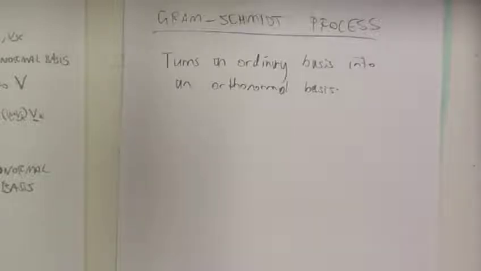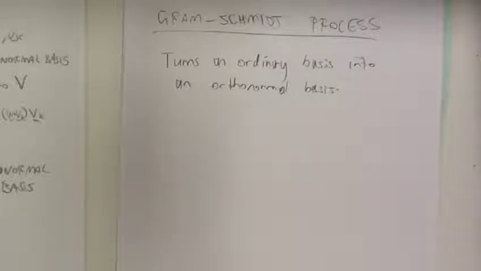So really what you're doing when you do the Gram-Schmidt process is going through a list of different bases. You have your original basis, then you have another basis which has one vector changed, and another basis which has two vectors changed, and another which has three vectors changed, and you're progressively changing your basis one vector at a time. Yes? How do we get the basis in the first place?